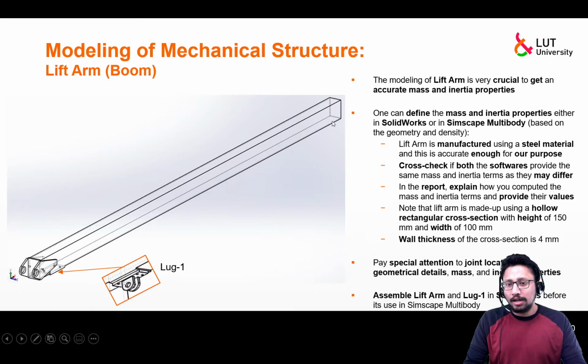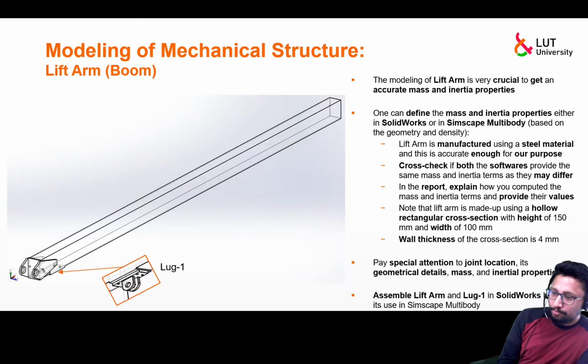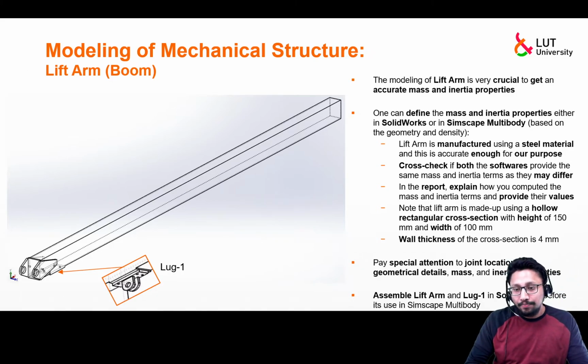The dimensions are available in the next slides, but please pay special attention to the joint location, its geometrical detail, mass and inertial properties, because they are very critical. I'm repeating that again and again. Also, when you model this lift arm, you realize there is lug 1 attached to this point.